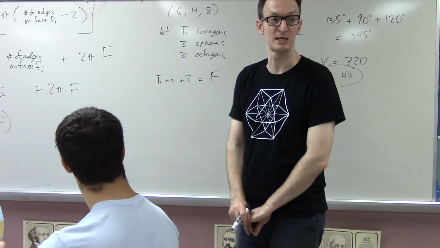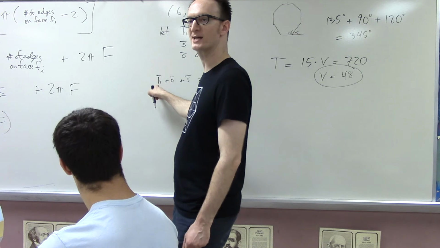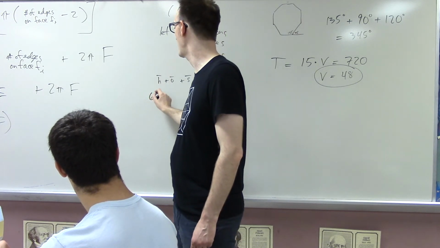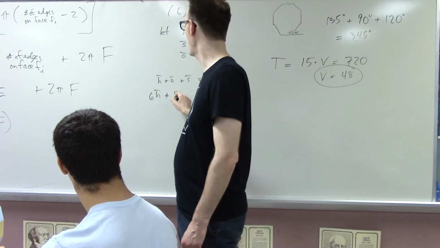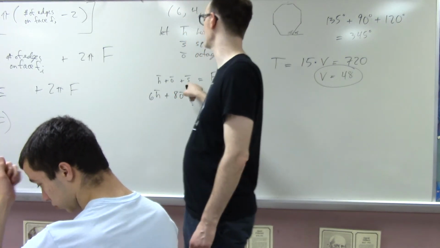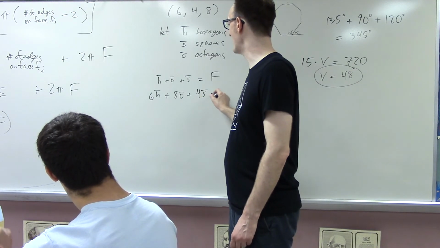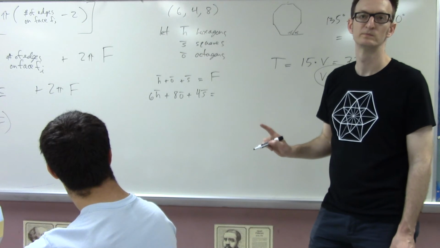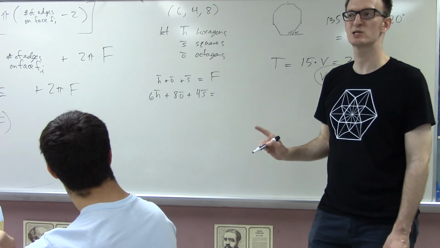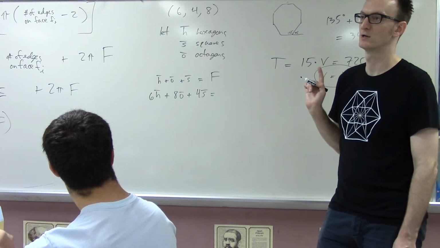Let's count the vertices. Well, go through every hexagon. How many vertices on every hexagon? 6. How many vertices on every octagon? 8. How many vertices on every square? 4. Okay, now, what have I actually just done with respect to counting vertices?